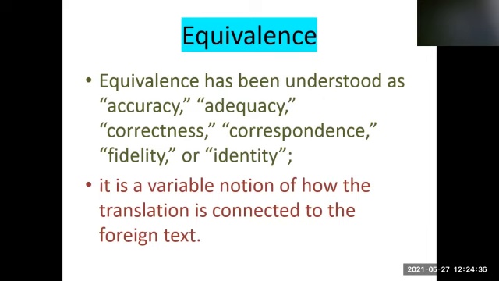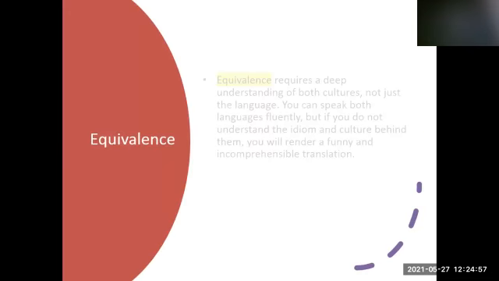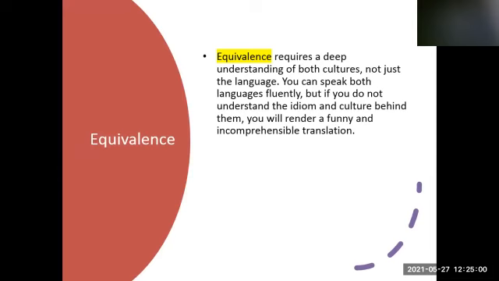It is a variable notion of how the translation, the TT, target text, is connected to the foreign text or source text, the ST. Equivalence, in order to render an equivalent, correct, accurate, honest translation, requires a deep understanding of both cultures, the source culture and the target culture.